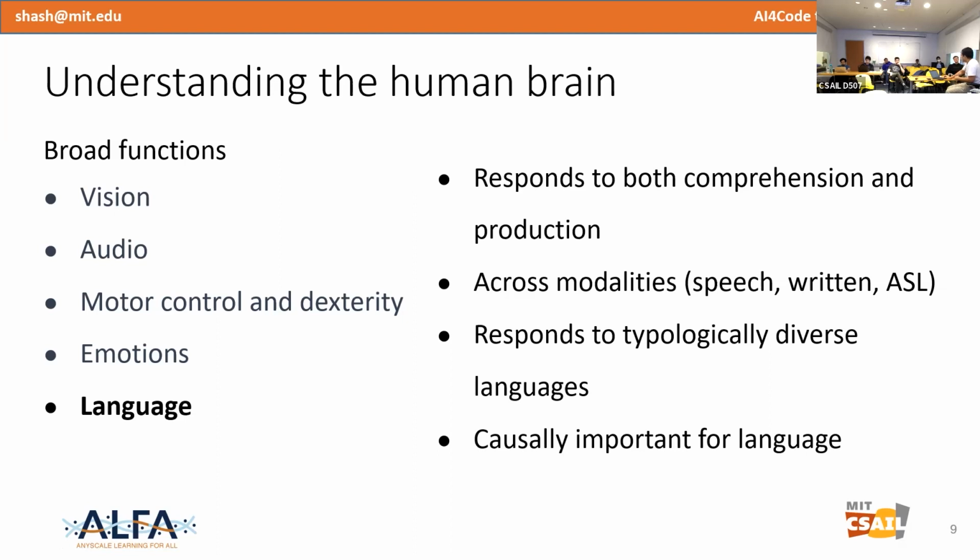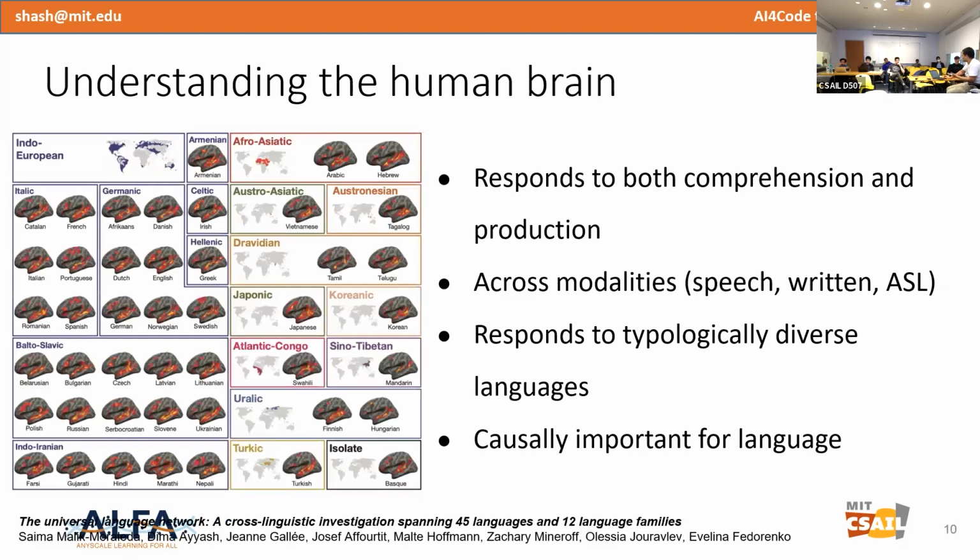And what we know is this language system, or system of brain regions, responds to a bunch of language families. Federico, who's probably the world's expert on language and the brain, and is in the Brain and Cognitive Sciences department, her lab has tested, I think, 50 language families, and this region is uniquely active when processing these language families.